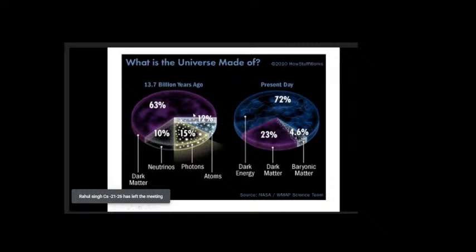So 15%, a significant amount, was photons. But at present photons are very insignificant, while in the early universe they were very dominant. At present dark energy dominates, but in the early phase it was insignificant. So the universe is evolving, and the known matter, that is atoms, the basic building block of any material, was only 12% in the past. So known matter essentially consists of a very insignificant part.